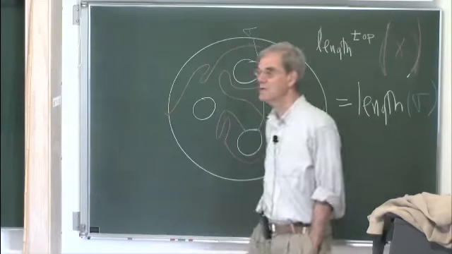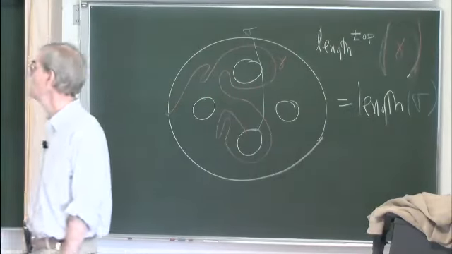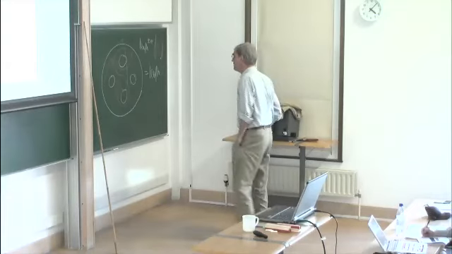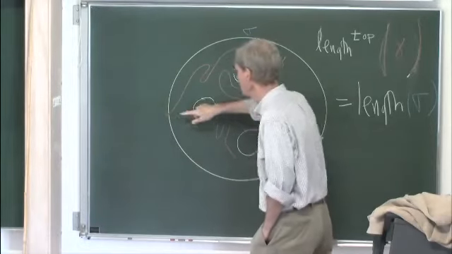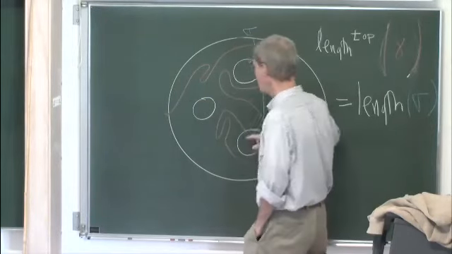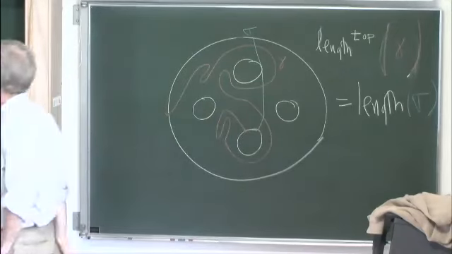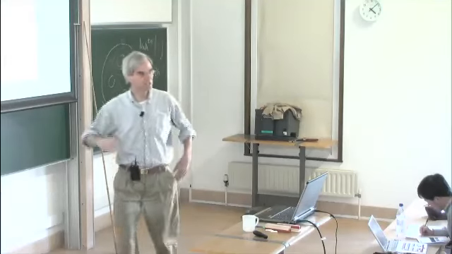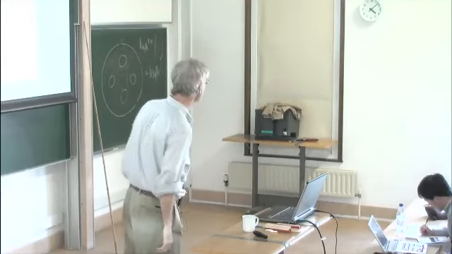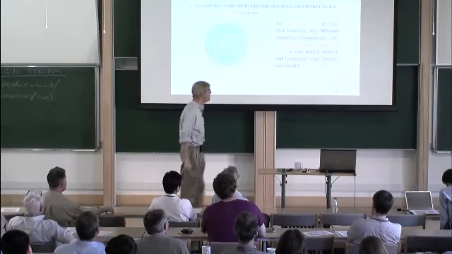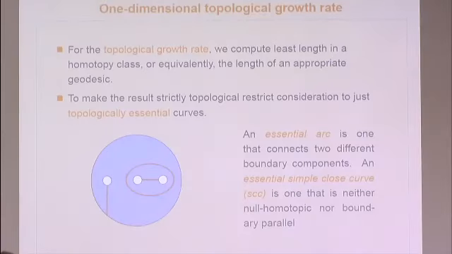All right, so in topology, this is called a homotopy, and it's good to think of it physically just as a rubber band, but it's allowed to slip along the boundary. All right, so when I compute the topological length, which I'll define in a second, I shrink the thing back to its minimum length. And for people who know Riemannian geometry, I'm just passing to the geodesic in the homotopy class.